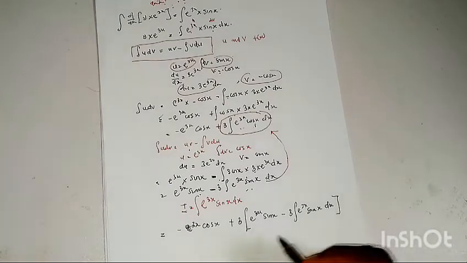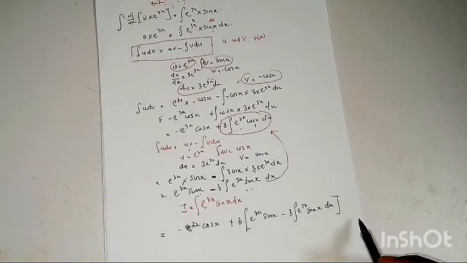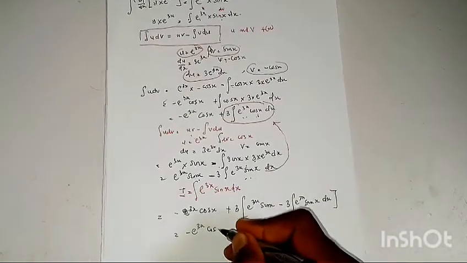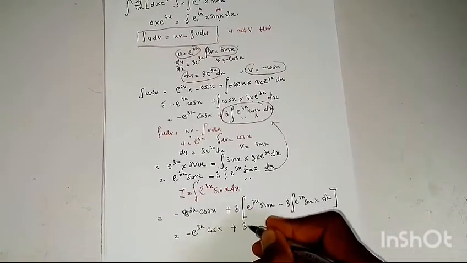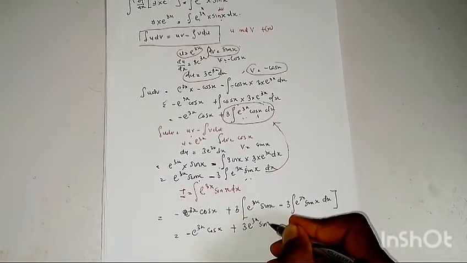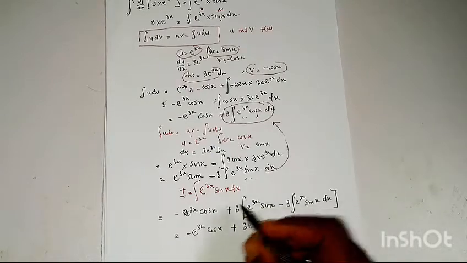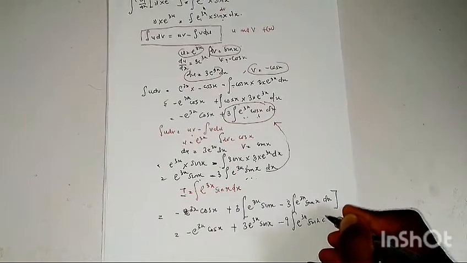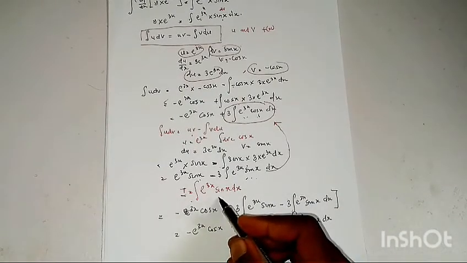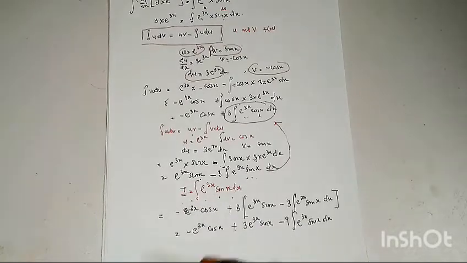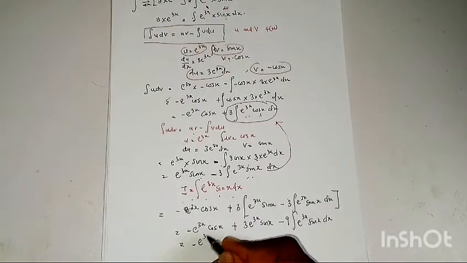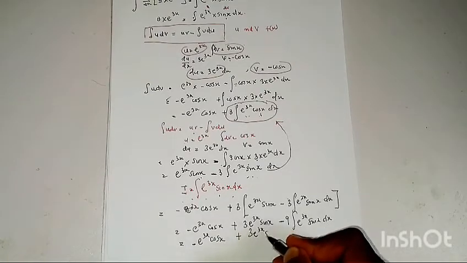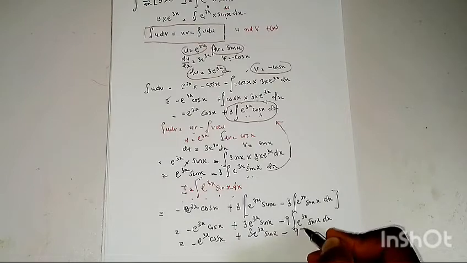Now opening the bracket, we have minus exponential 3x cos x plus 3 exponential 3x sine x minus 9, 3 times 3, integral exponential 3x sine x dx. Anywhere I see the integral of exponential 3x sine x, I put I. So this is minus exponential 3x cos x plus 3 exponential 3x sine x minus 9I.